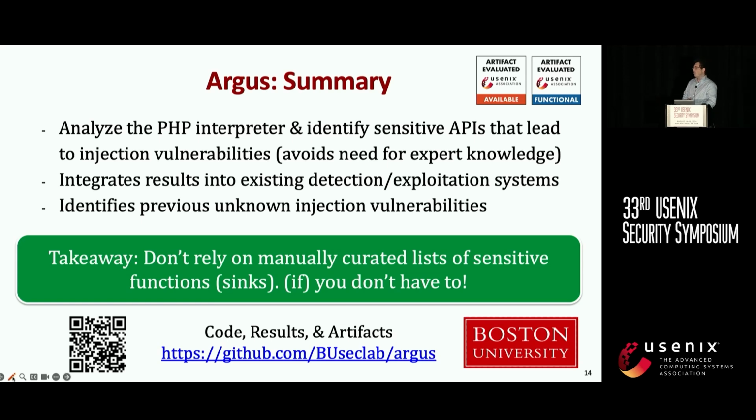And so the takeaway from all of this should really be, if you're doing data flow analysis, don't rely on manually created lists of sensitive functions, and Argus tells you that you do not have to do so. Our code's online, artifacts have been evaluated. I'm more than happy to take the rest of the time to answer your questions.